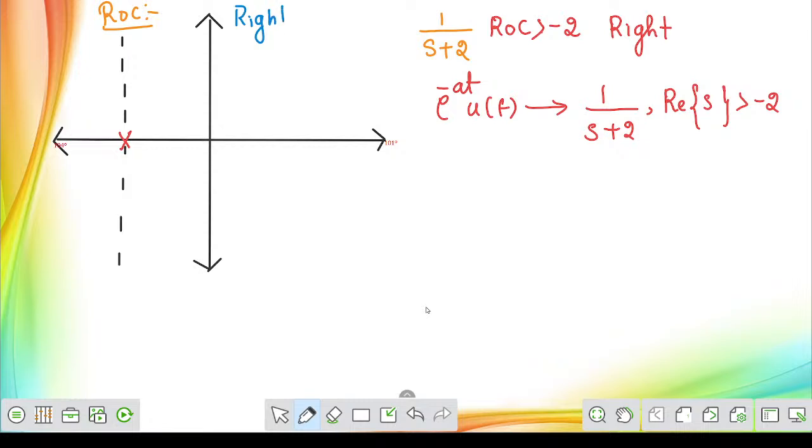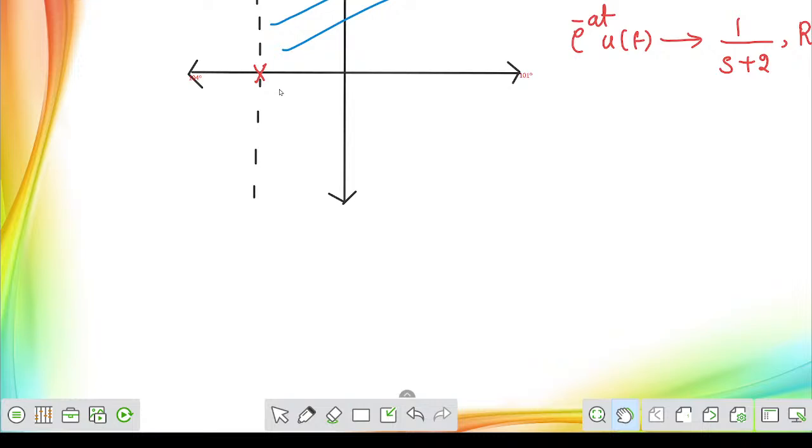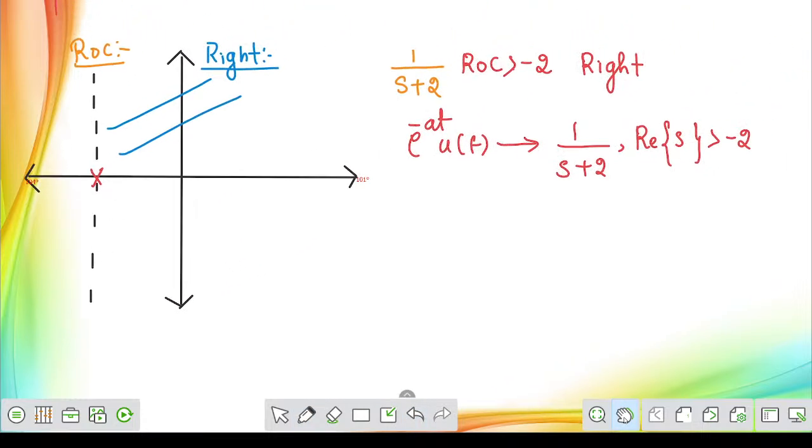Since the given signal is a right-sided one, you draw the region of convergence from that pole. So from the location of the pole, you consider the entire region from minus 2 to plus infinity. The total region will be considered as the region of convergence, ROC.